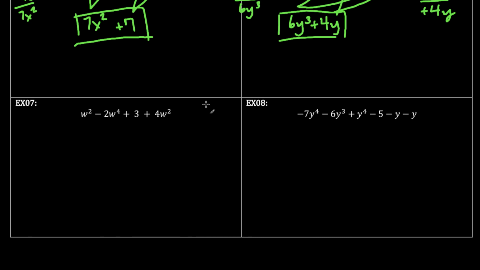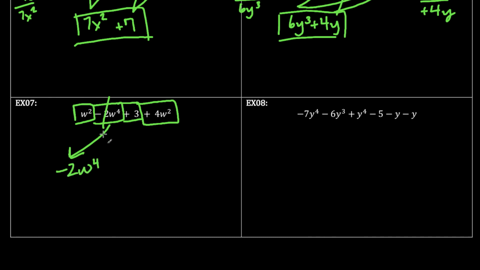We have 2 more to go, and we're done with the notes for this lesson. So w squared minus 2w to the 4th power plus 3 plus 4w to the 2nd power. We look for our largest exponent, which is w to the 4th power, and there's no more of these, so I just bring it down. Don't need to do anything with it. And then I'm looking for a w to the third, but there is none. There's a w to the second here, and a plus 4w to the second here.